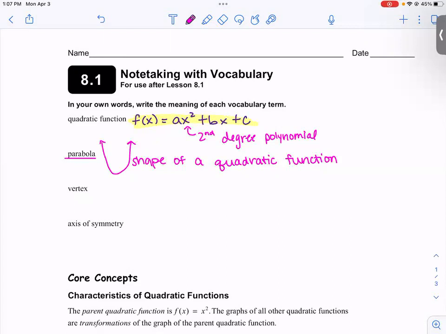Now, throughout the course of this week and next week, we're going to talk about how it will move around and change shapes and all of that kind of stuff.